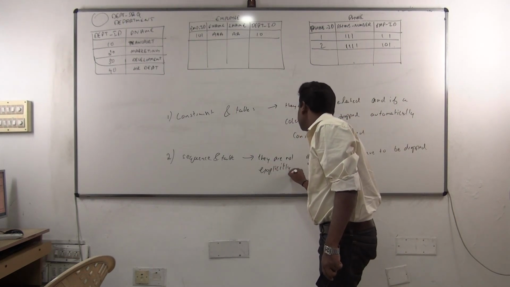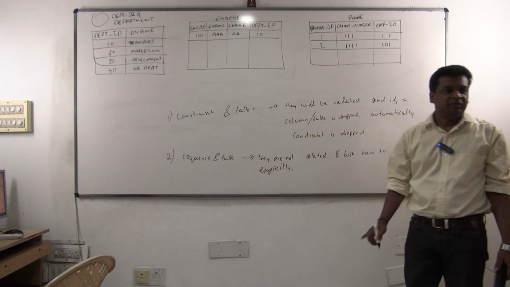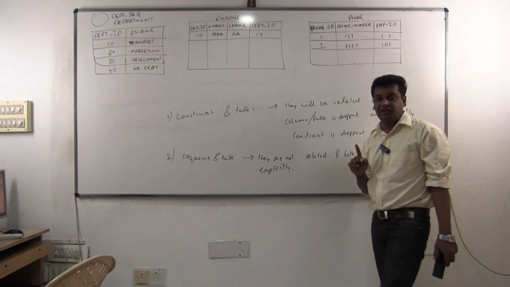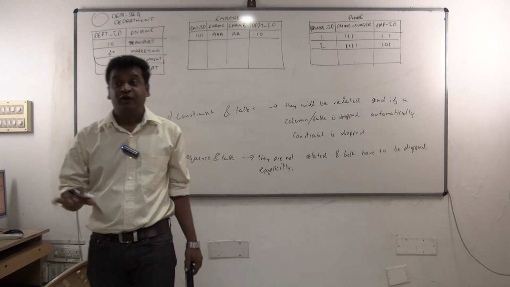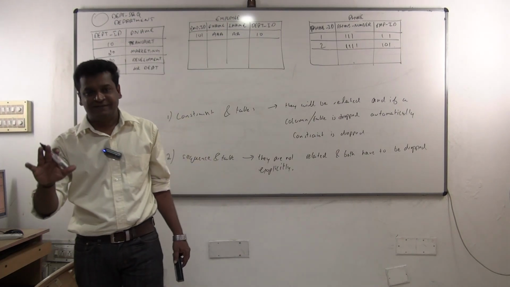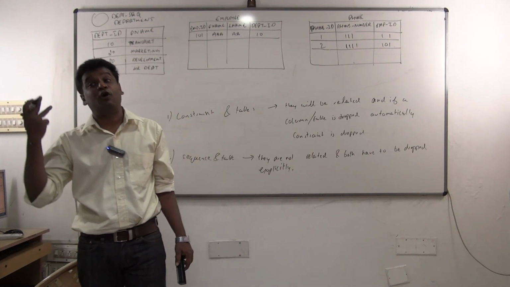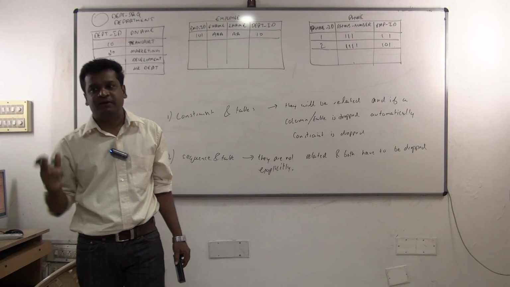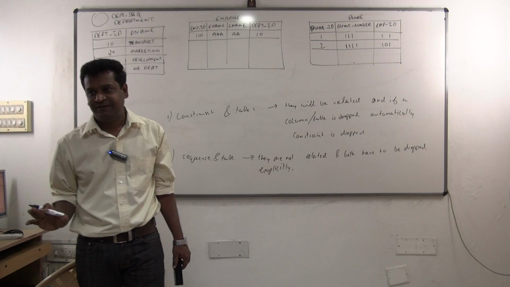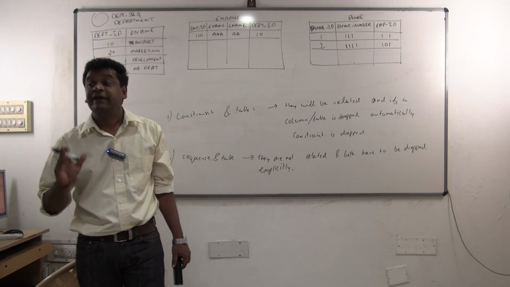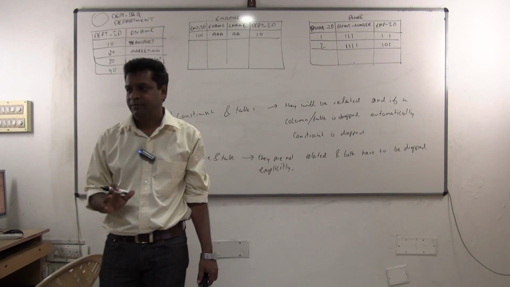And lastly, the cascading effect is there only for what? Data in tables, not for dropping tables. Don't think that if you drop the master table, the child table also will be dropped. No. You have to drop all the tables explicitly one by one.